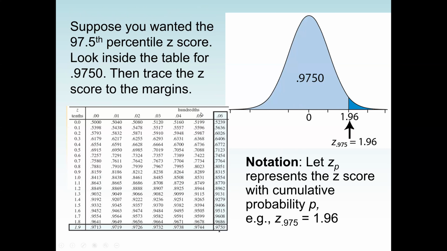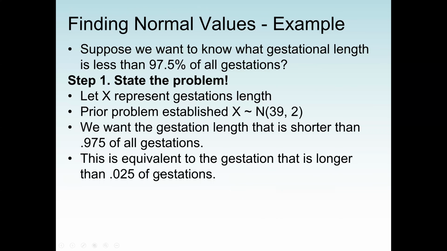Again, this is our example here. We know the 0.975, which is 97.5%. So here it generates the z value to be 1.96 from the table. So if I know the z value, then I can find the x, because we know x equals what?